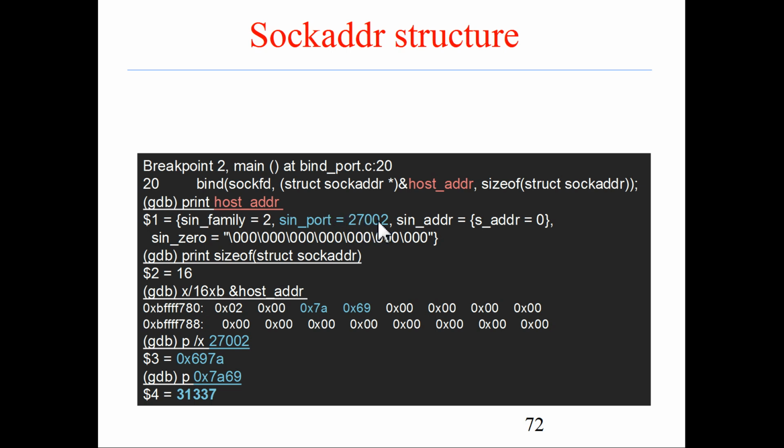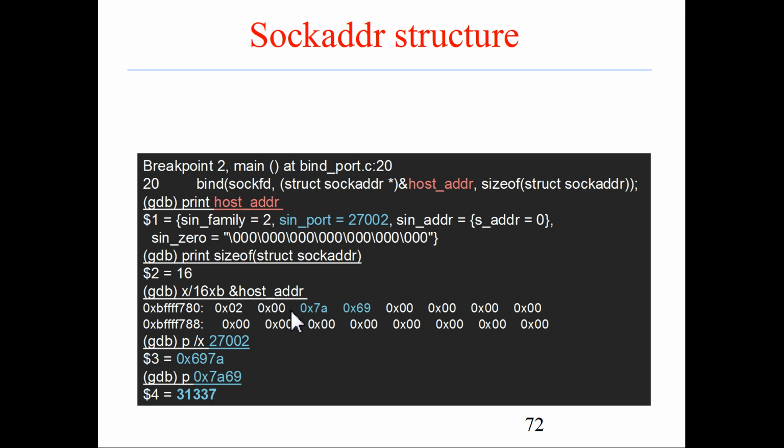So if we print what the hex is for 27002, which is going to be the port that we're going to open up, that the attacker is going to connect back to the victim on once we've exploited it, it's going to translate to 697A. And if we look at the memory here in the stack, it's going to be 697A, and obviously it's little endian ordering.